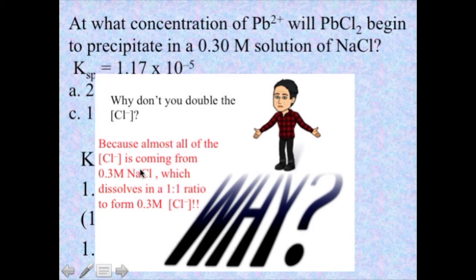And yes, we could put 0.3 plus 2x, where 2x represents the amount of chloride coming off the lead chloride, but it's negligible compared to the 0.3 from the sodium chloride. And therefore, we just simply ignore it and plug in straight away the chloride ion from sodium chloride. That's why we don't double the chloride ion.